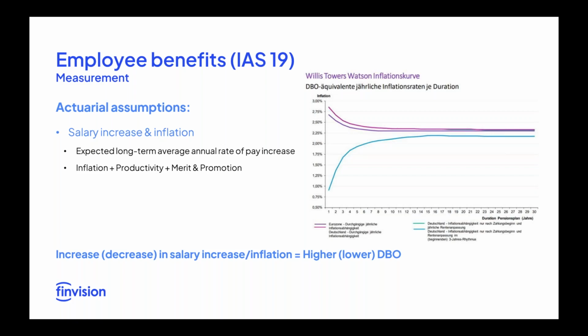There you see what is the expected long-term average annual salary increase for the euro, and you see if it's short term, it's about 2.5%, which is still the inflation today actually. But if you look to the long term, it will equalize at 2.25 approximately.